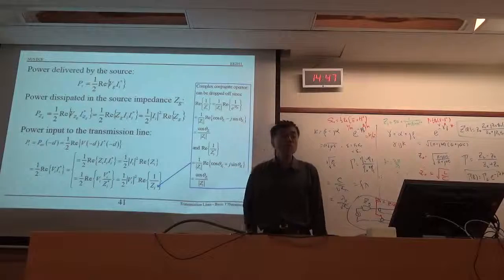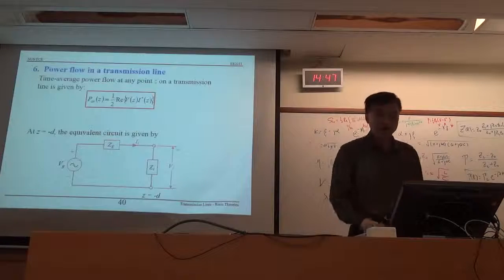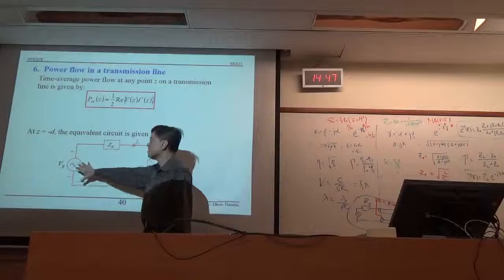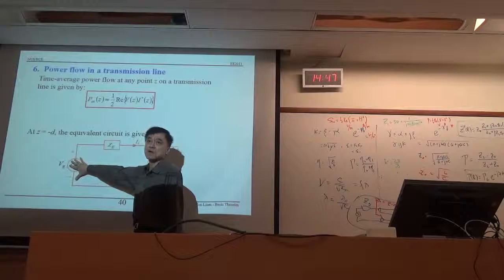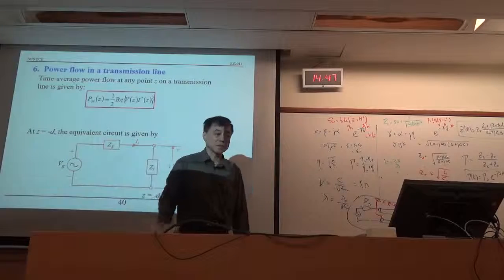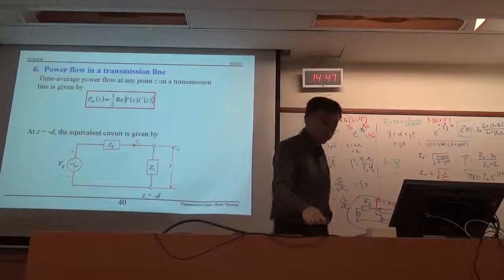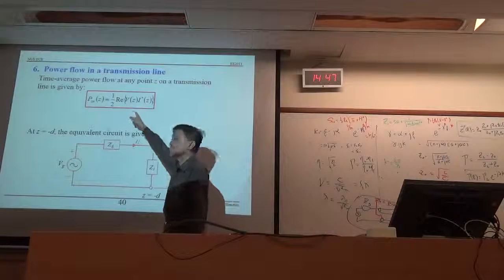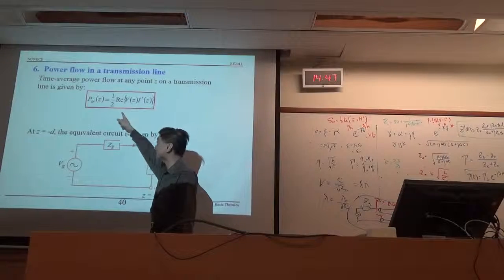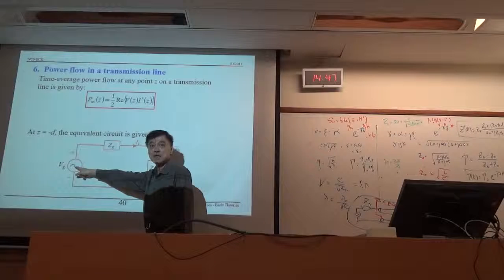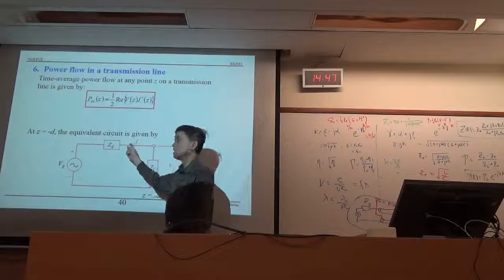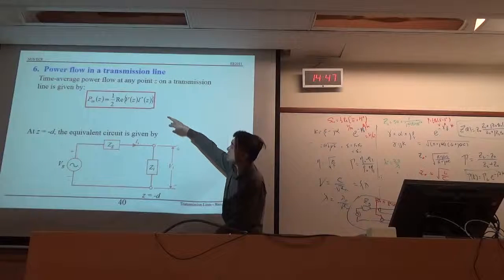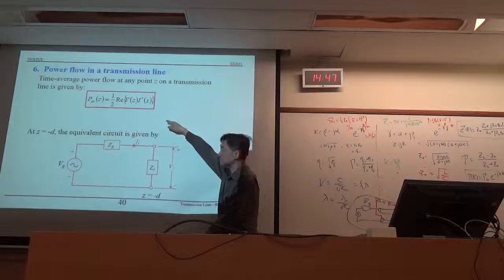Then what is the power supplied by this source? Following this equation, the power supplied by the source will be half real of VG Ii conjugate. Power is equal to half of real V I conjugate.